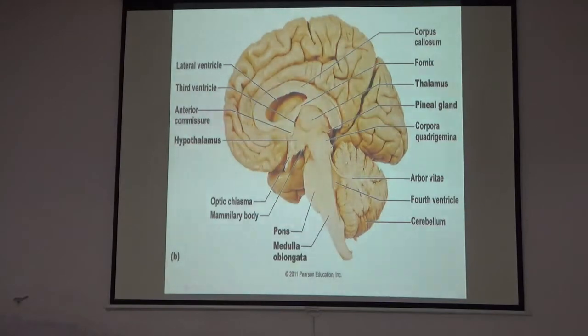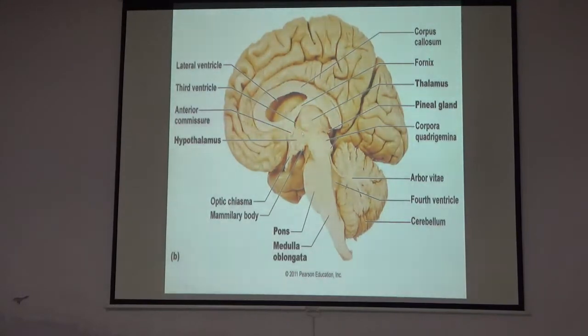Again, we see here the cross section where you can see one half of the thalamus. This is the thalamus. This is the quadrigemina we were talking about, and this is the third ventricle.